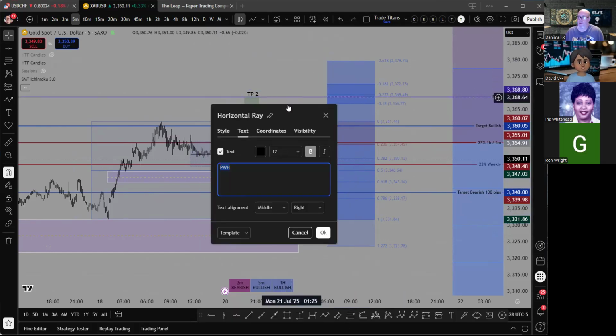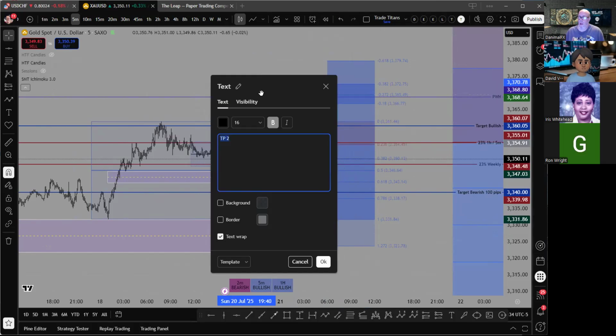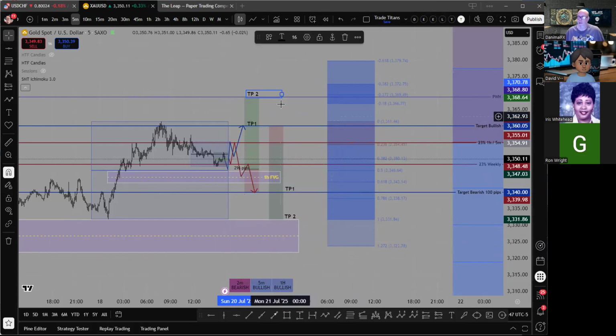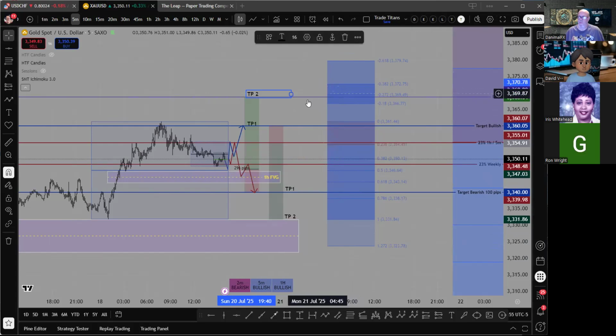Let me see. TP2 will be 33, copy. Control V. Okay, did it take? Change the colors. It should be black in the text box.